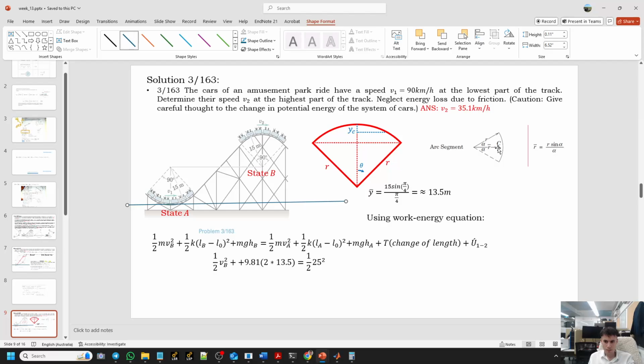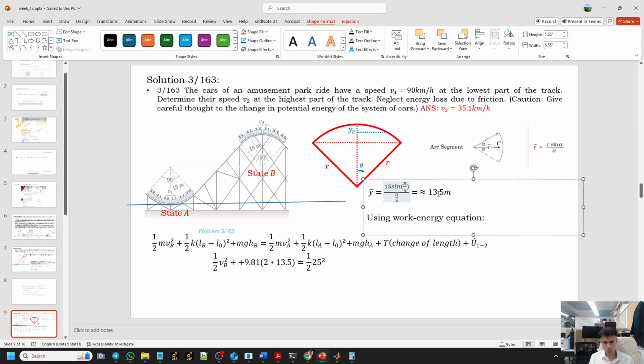The centroid of mass is placed on the middle line that cuts the segment, and the distance from the center, we call it r bar, is r times sine alpha over alpha, where alpha here is pi over 4, because 90 means pi over 2. So 15 times sine pi over 4 divided by pi over 4 is 13.5.